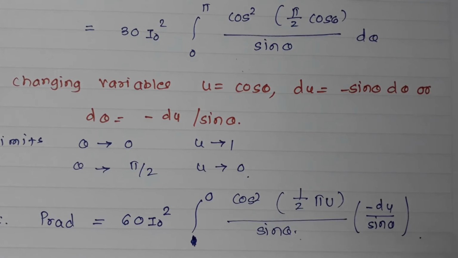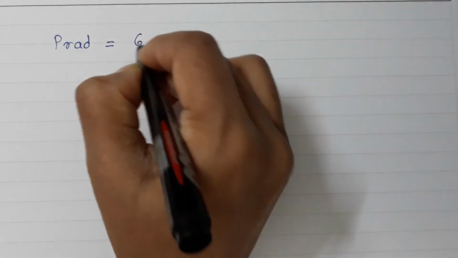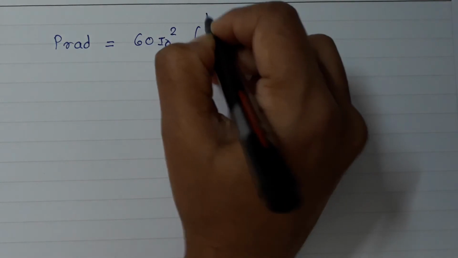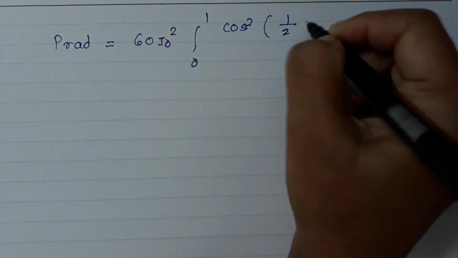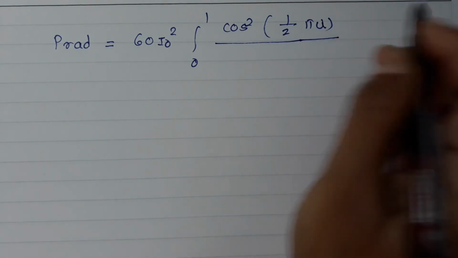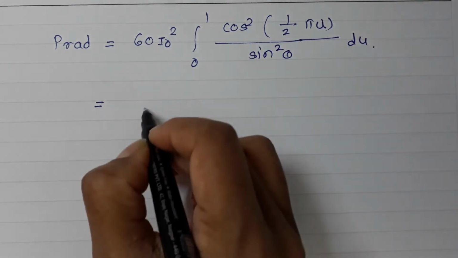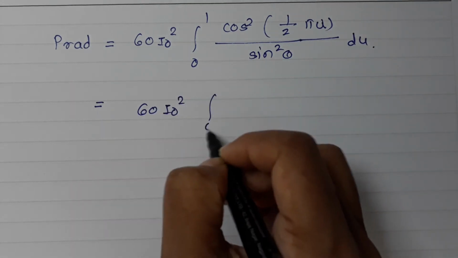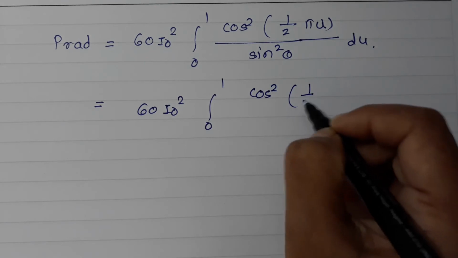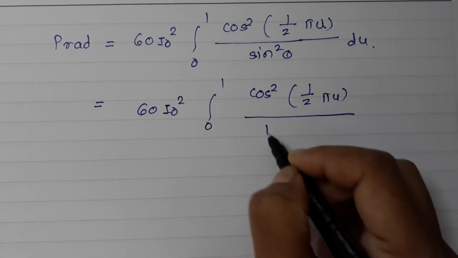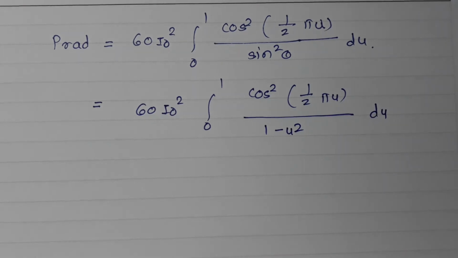Now let us solve this integration further. Here I can write P radiated is equal to 60 I0 square 0 to 1 cos square (1/2 pi u) divided by sine square theta du, which is equal to 60 I0 square 0 to 1 cos square (1/2 pi u) divided by 1 minus u square with respect to du.